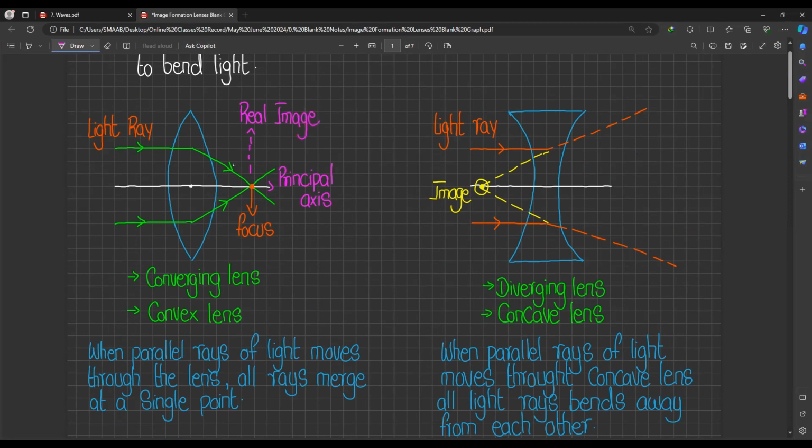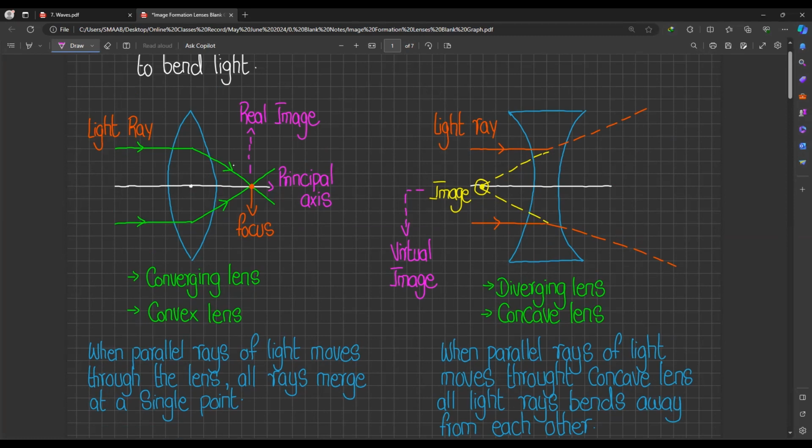And in this, we are getting a virtual image. So this is the differentiation between the real and the virtual image.